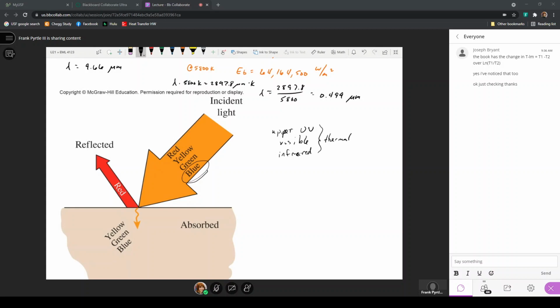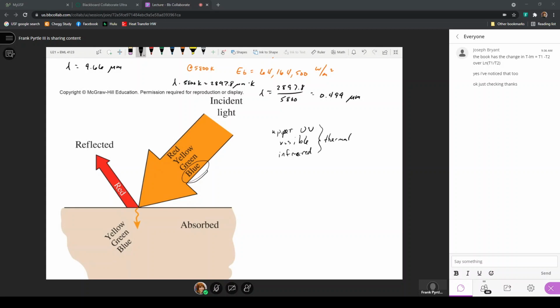If I put window tint on that glass, it reduces the amount of visible light that can pass through, so I don't see the colors or the image with the same kind of intensity, because some of that energy is being absorbed by the tint and/or being reflected by the tint.